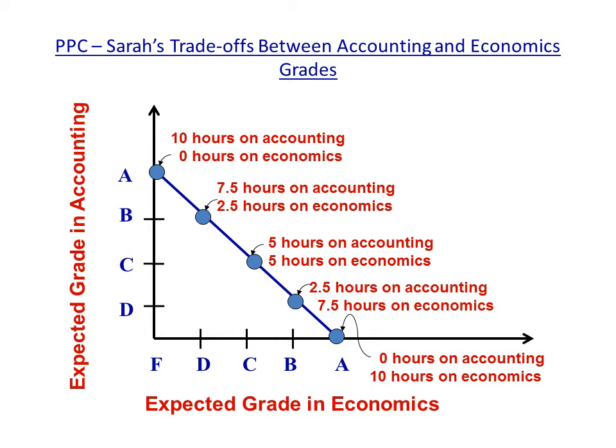Without any of that information, there's only one point on here that looks allocatively efficient, and that would be 5 hours of each, because she would pass both classes. She wouldn't have to hear any flack from her parents per se. Right? She wouldn't have to worry about a D or looking bad on her resume. So that would be her allocatively efficient point.